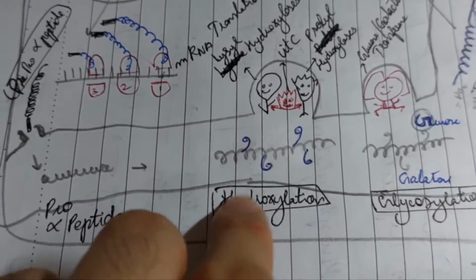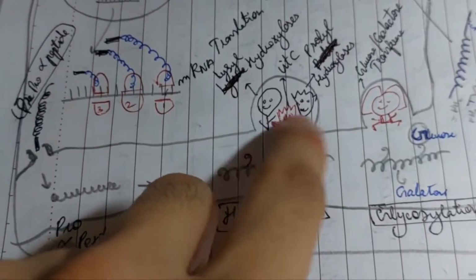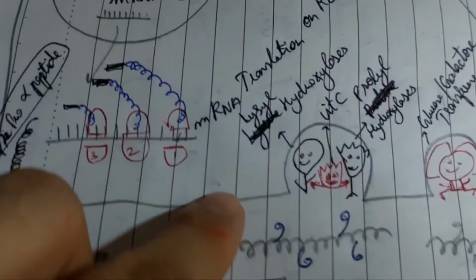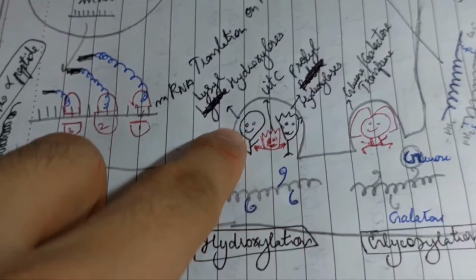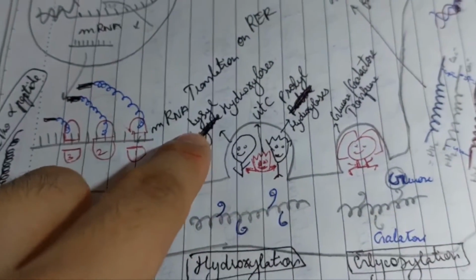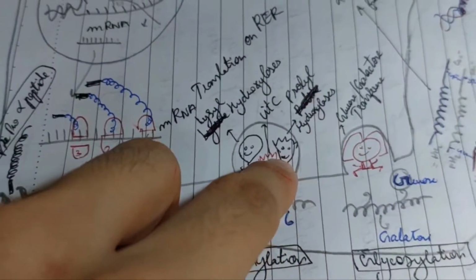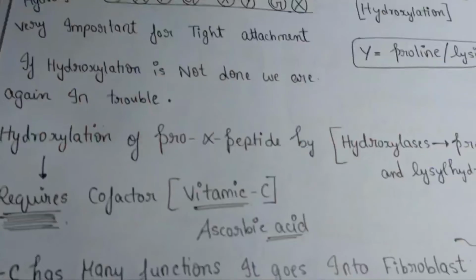So here we can see hydroxylation being done at the Y position, as I mentioned, and it will be done by either lysyl hydroxylase for lysine or prolyl hydroxylase for proline.